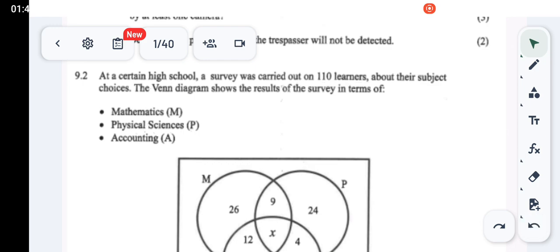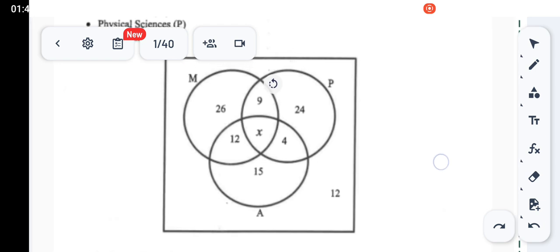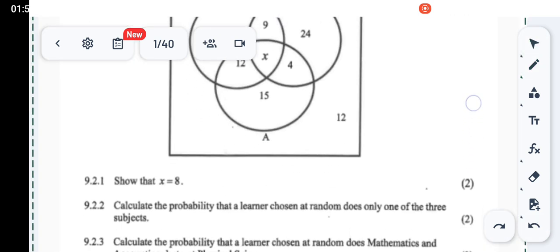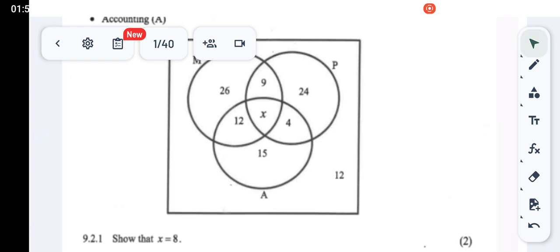Okay, and we have the Venn diagram. Mathematics M, physical sciences P, accounting A. Right. So now they are saying show that X, remember our sample space is 110, so let me write it on top here. Show that X is equal to 8.